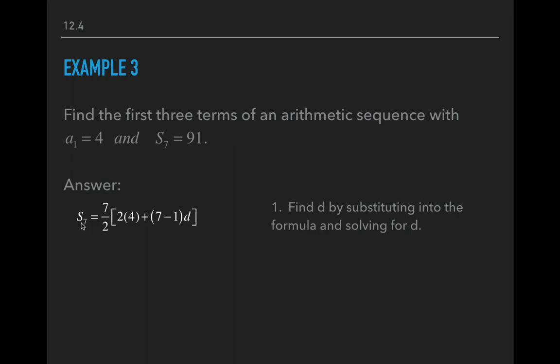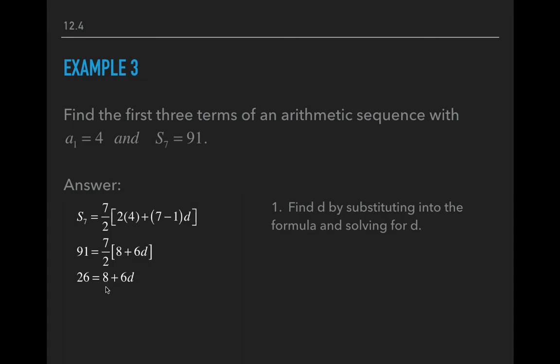The sum of the 7 terms, n being 7, that's going to be 7 divided by 2, times 2 times my first term, which is 4, plus n minus 1, that's 7 minus 1, times d. I don't know d. That is what I'm solving for. S7 is 91. The product here is 8. The difference here is 6. Multiply each side by the reciprocal. So 91 times 2/7 is 26.